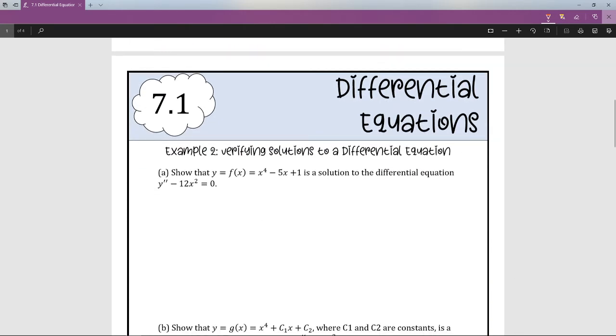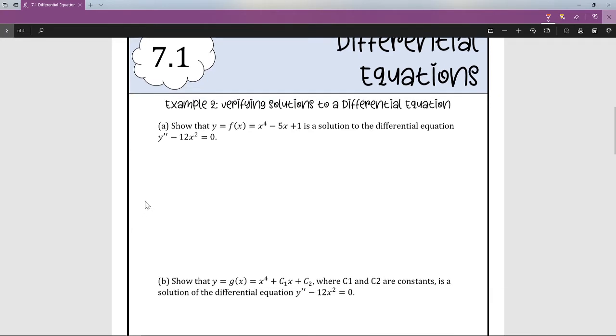Example 2 is now going to have you kind of prove, right, that this function is a solution to the differential equation. And so we're going to start by, we know that y equals x to the 4th minus 5x plus 1.